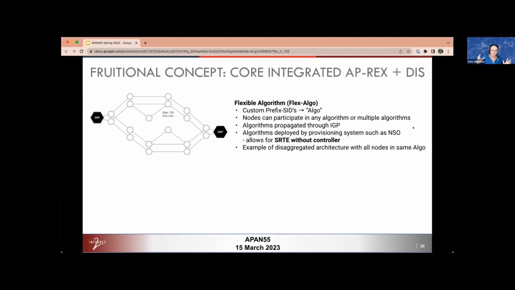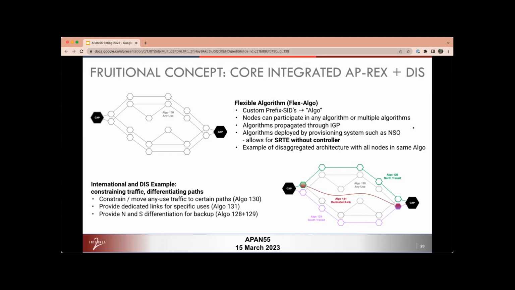And so, you begin to form even controllerless applications where in a normal traffic situation, which is what I've shown here, we have our disaggregated core, we have our FlexAlgo style controllerless network where you have the whole core participating in sort of your best effort traffic, but you start to differentiate different SIDs and different applications for each of the algos. So they've called these algos, but maybe you have one for transit traffic heading south and one for transit traffic heading north and another for a dedicated link.